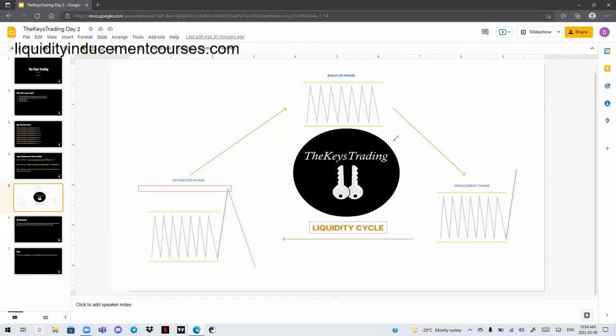And for the LIT build up, this is what Reem teaches in his course. This is exactly what I just showed you. So you have the build up phase. Whenever price is building up, the stop losses are getting hunted. That's the build up, and the inducement is whenever price breaks out of the build up. Whenever price breaks out of this, retail traders want to enter and buy, right?